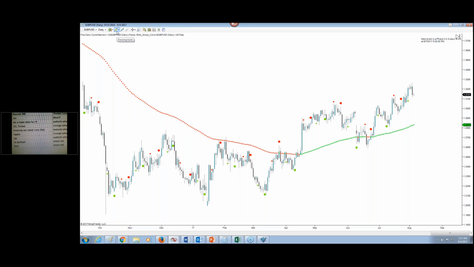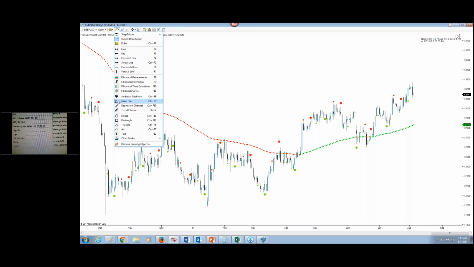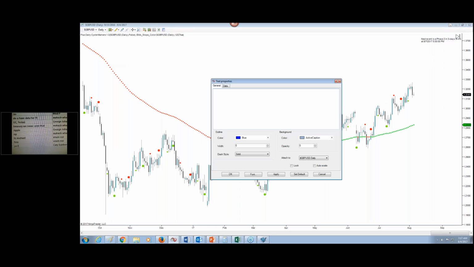So when we look at the software, there's a couple things that we're going to do for each of these examples. Number one, we're going to do a phase analysis. Number two, we're going to do an exertion analysis.